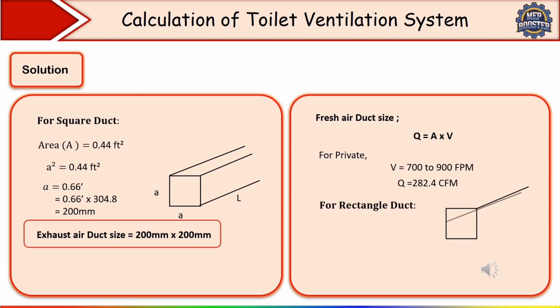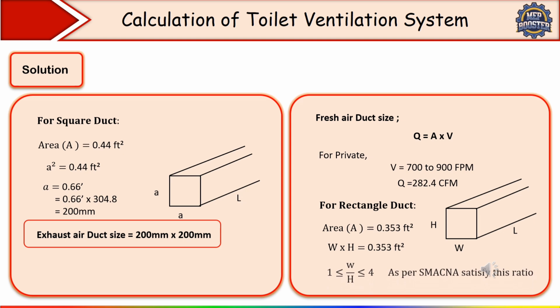Finally, suppose you are doing the sizing of a rectangular duct, at that time first we need the area. When we calculate, you will get around 0.353 square feet, and we know that the area of a rectangle is width into height. Here the height you have to assume, and you have to follow this ratio. If this aspect ratio value is coming between 1 to 4, it means your duct size is correct.